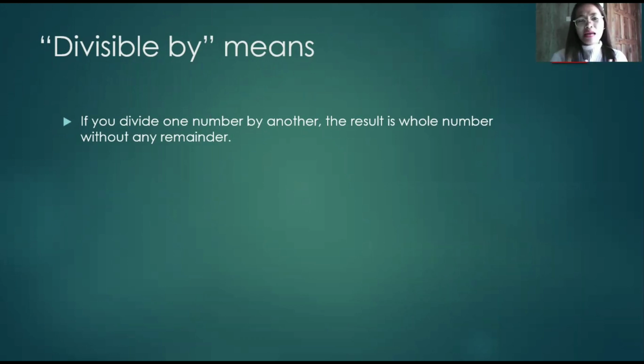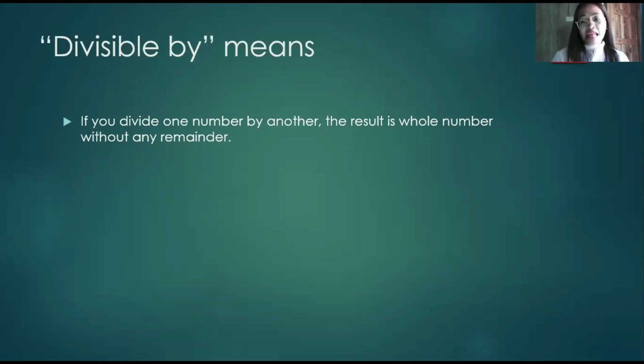So if a number is divisible, it means that when you divide one number by another number, the result is a whole number, meaning there is no remainder. For example, 10 divided by 5. The answer, or the quotient, is 2. So 2 is a whole number.